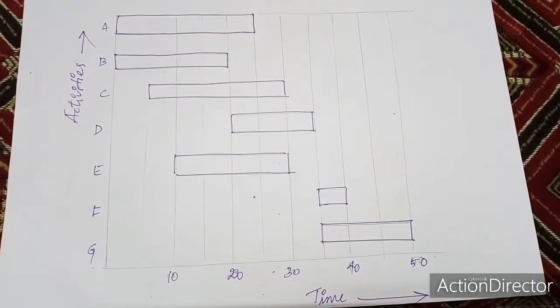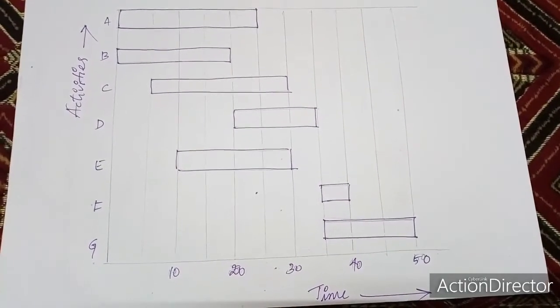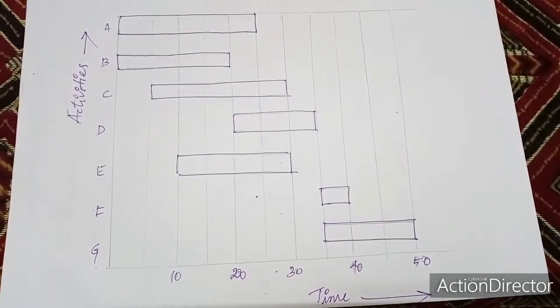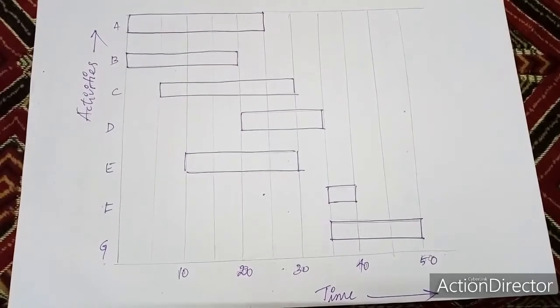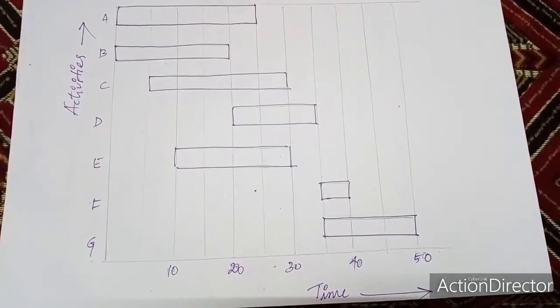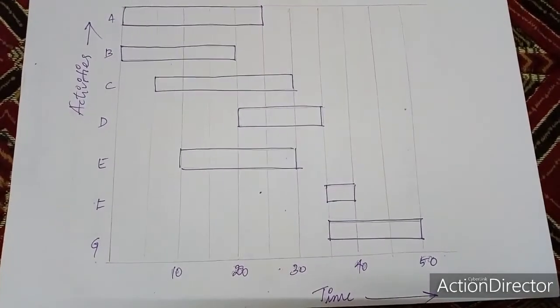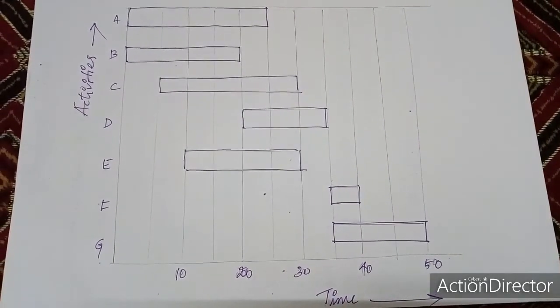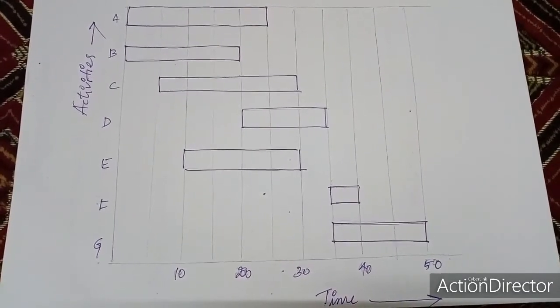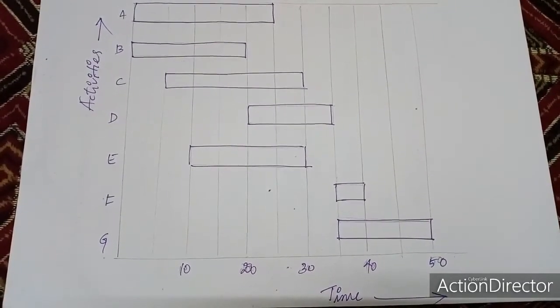So a Gantt chart was developed during World War One, and it is a bar chart showing the relationship of activities on a time scale. As you can see in the figure, the x-axis is denoting the unit of time and the y-axis is denoting the activities. So it has an idea of tracking the progress of activities.